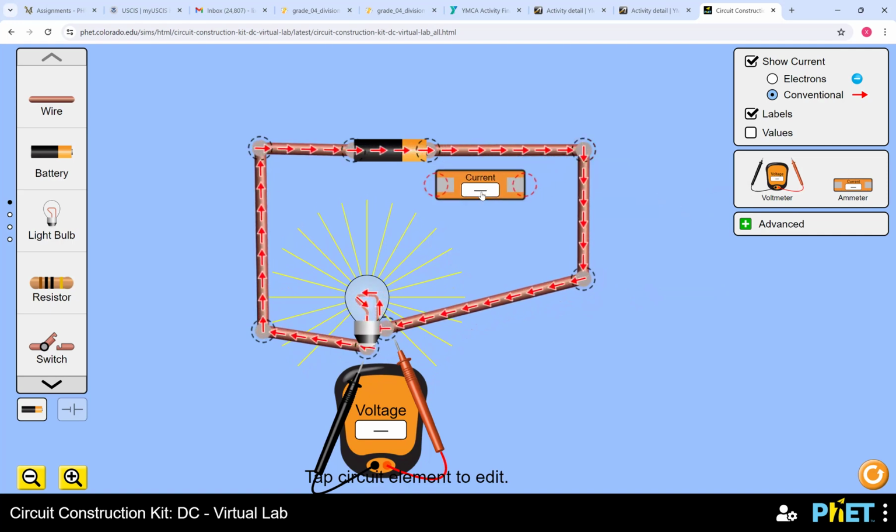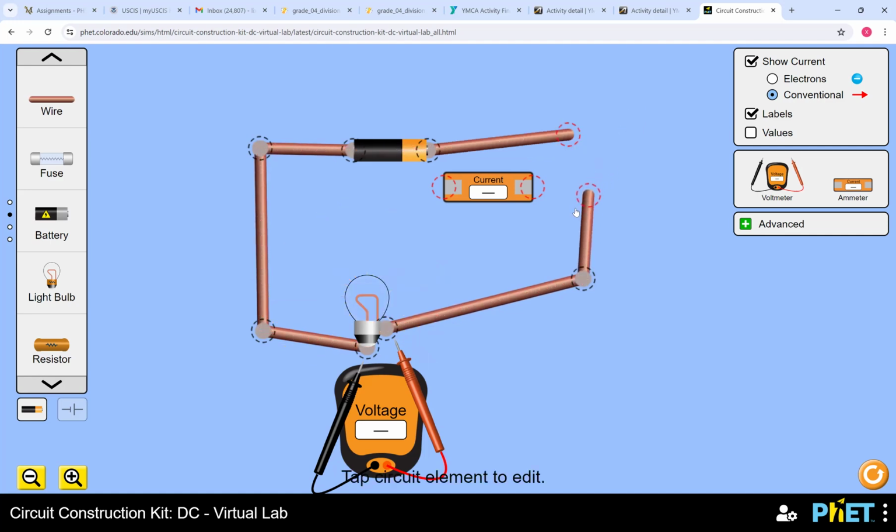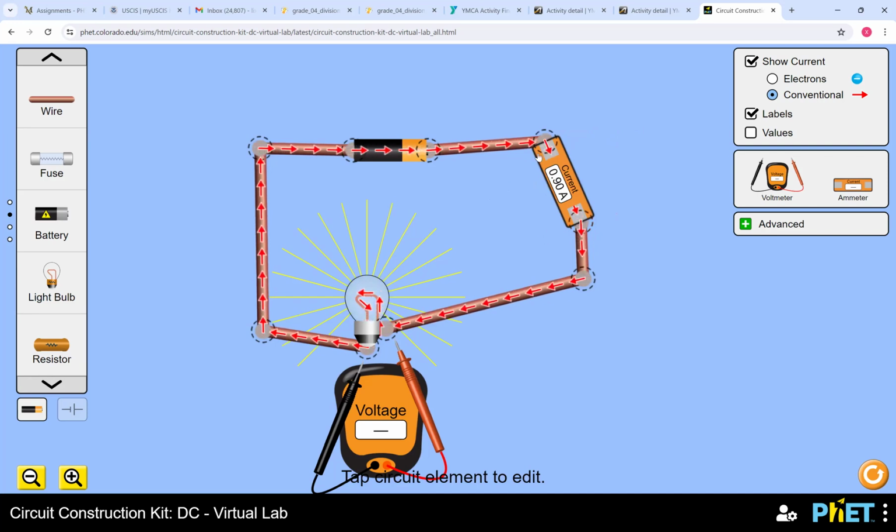You can click on this and use the cut sign, so it's disconnecting the circuit, and then you put your ammeter into the circuit. So you can see our ammeter is being put into the circuit and our voltmeter is being added to the circuit. These two leads should be added to the two sides of the light bulb.